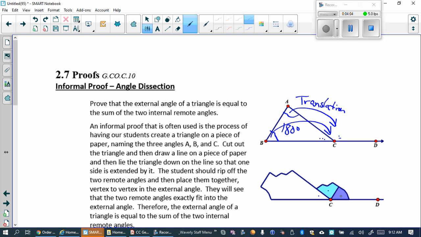That means that this external angle is equal to the sum of these two. We tore off the sum and put it over here, and you can see that it's equal to that external angle, because both things have to add to 180. These three angles have to add to 180, and these two angles have to add to 180. So we can use some substitution, or maybe transitivity, if you remember that, to work that out.